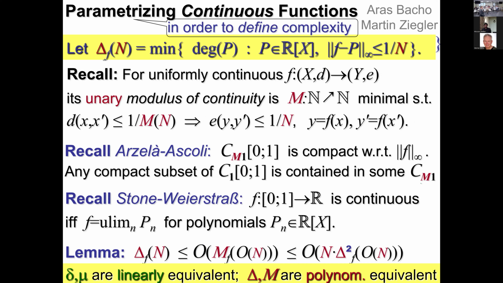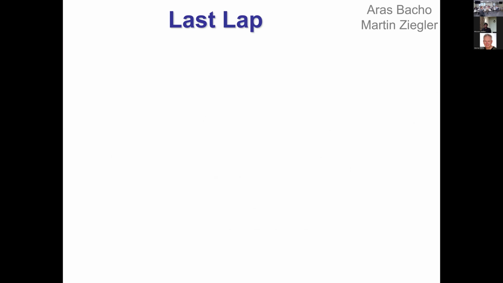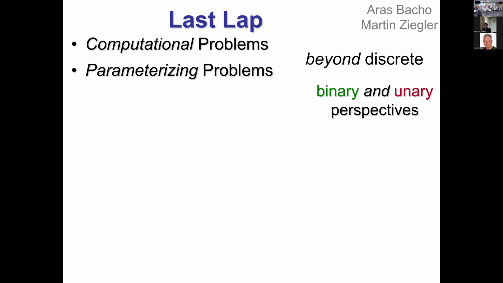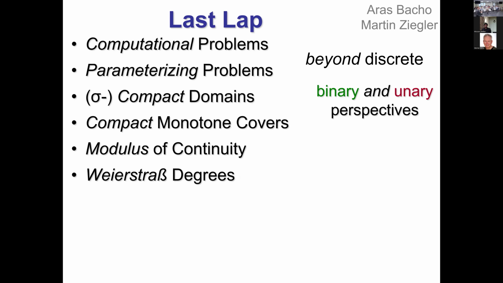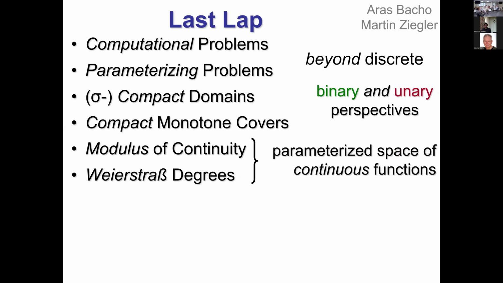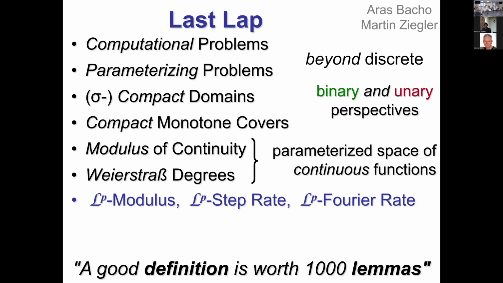So that's almost there, stay with me. We've talked about computational problems, parameterizing problems, compact domains, sigma compact domains, modulus of continuity and Weierstrass degree as linearly equivalent ways of parameterizing the space of continuous functions.